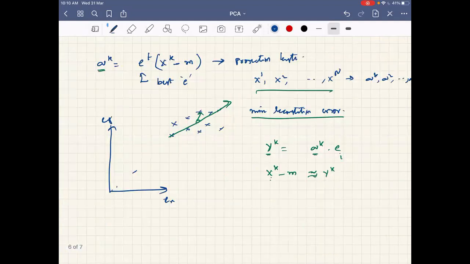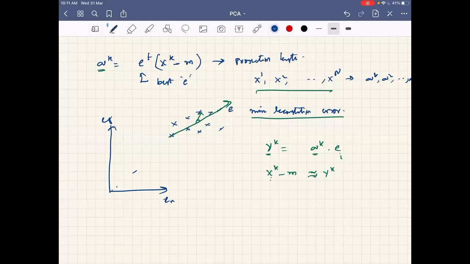So given this background, first we will try to come up with the projection error or the objective function to find out the direction of projection and the length of the projections. So in the previous discussion, we have seen that if the samples are like this, then we assume that there is some direction of projection E. We are just randomly assuming.